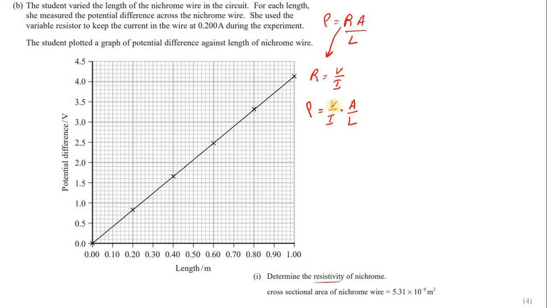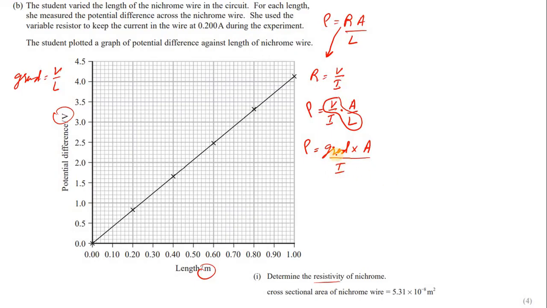Now look at this voltage and length, voltage upon length. Now look at the graph. This is voltage and this is length. If you find the gradient of this line, then the gradient will be voltage upon length. That means resistivity can be found by multiplying the gradient with the area, divided by current.